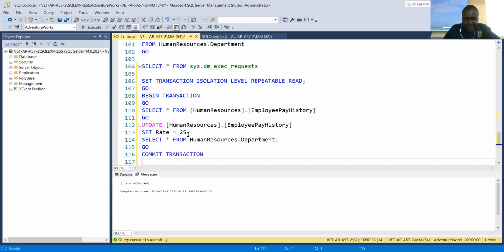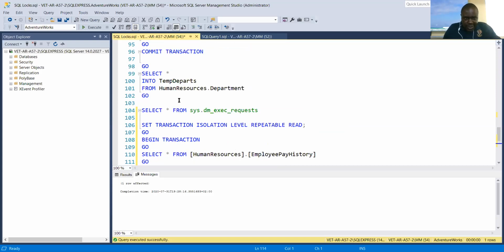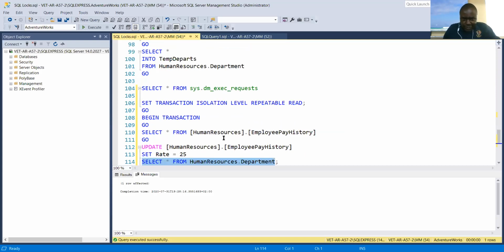This is the reason why I didn't want to execute it, because it's going to destroy the data. I didn't want that. Let me not.